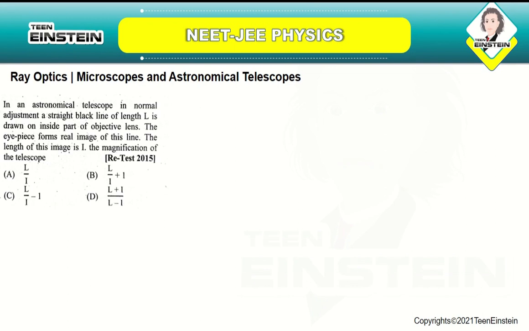Okay. So, here the magnification of the telescope is generally given by M is equal to F naught by Fe.